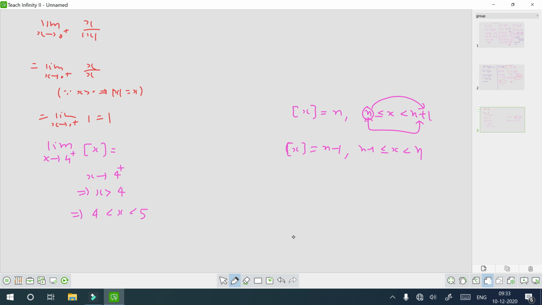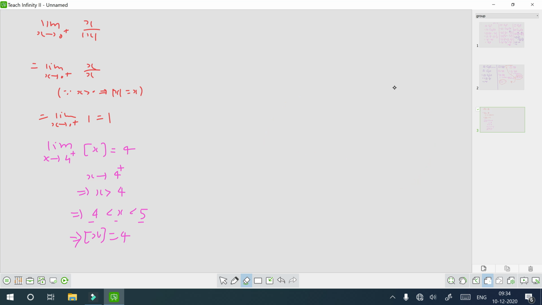Here 4 less than x less than 5. So this integer part function is equal to 4. So here answer is 4.